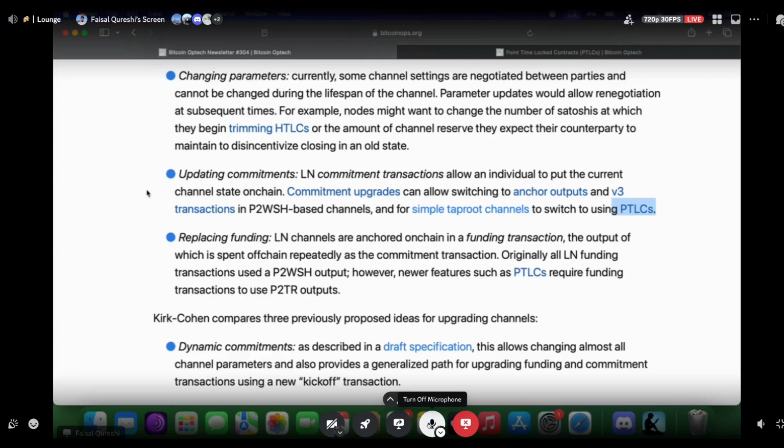What HTLCs do is use hash functions; what PTLCs do is use a point on the elliptic curve and perform some mathematical operation which I was not able to go into the details of. But the point being, HTLC to PTLC is a shift from hash functions to performing arithmetic operations on an elliptic curve using points on the curve.